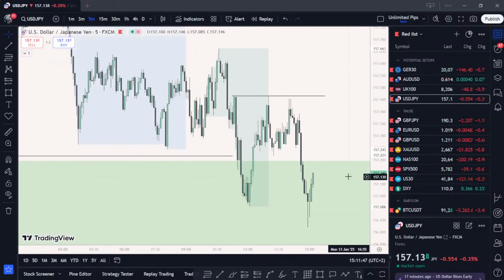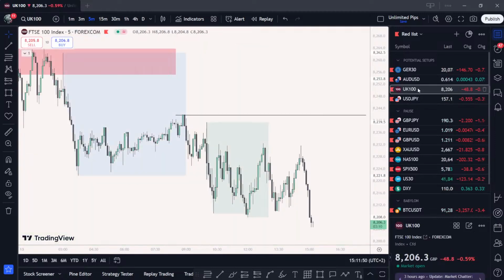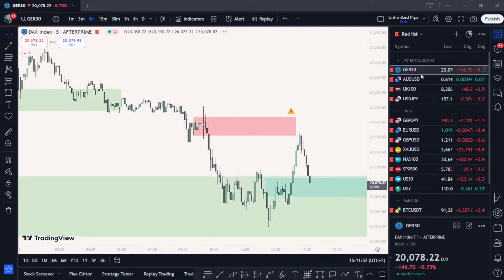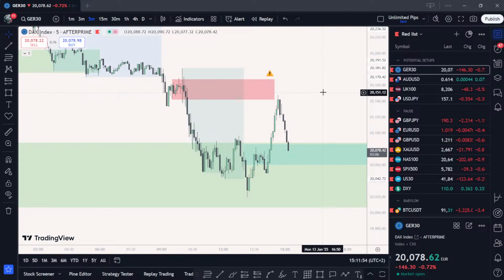We're looking at rejecting on USDJPY, but Next doesn't really look like it's reacting much, but it depends.